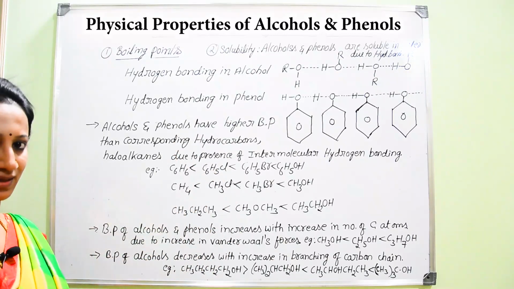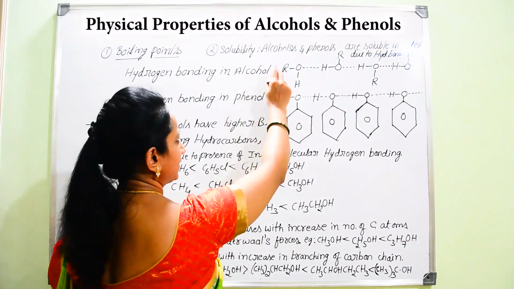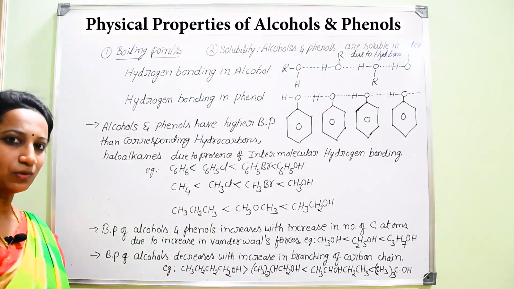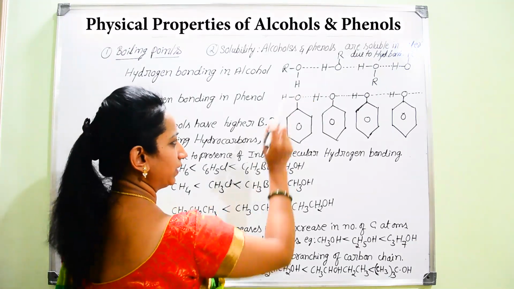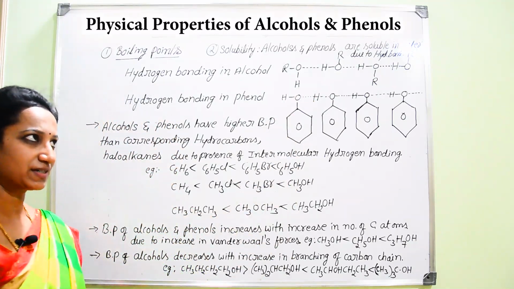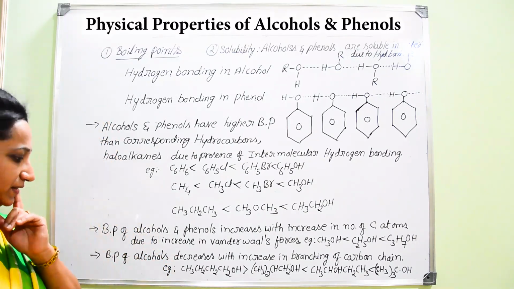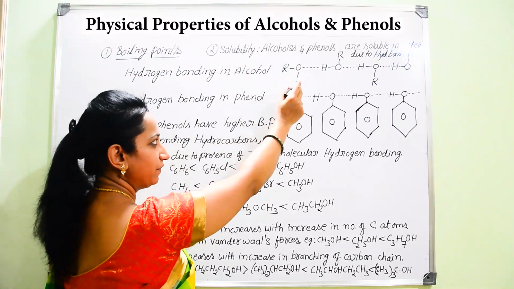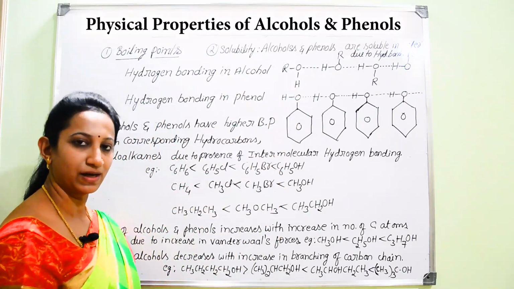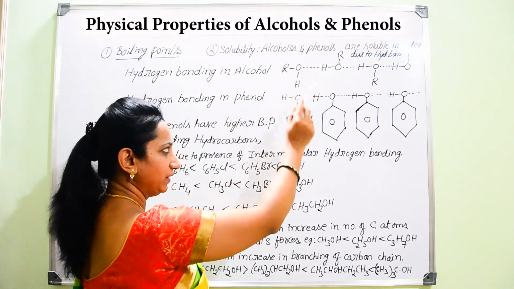And secondly, if you go for their solubility, both alcohols as well as phenols are soluble in water. How do they get soluble in water? They are miscible with water. That is due to the formation of the same type of hydrogen bonding with water molecules. Alcohols can form hydrogen bonding with water.